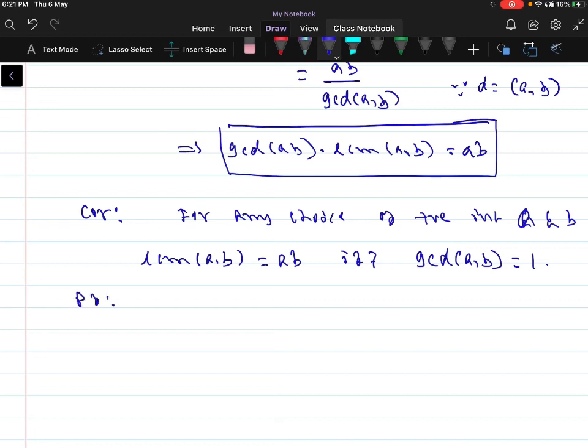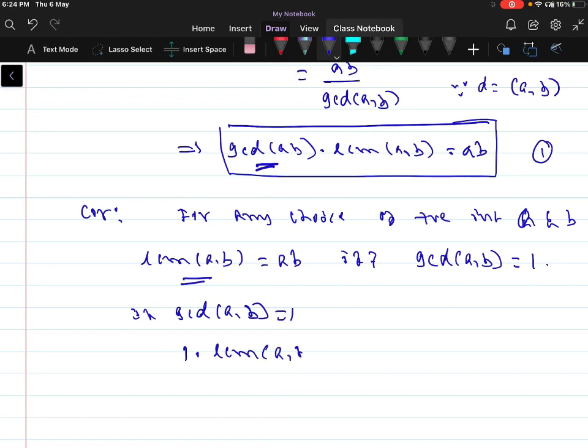The proof is very simple, it just follows from the above theorem. If GCD of A comma B is equal to 1, then from result 1, 1 into LCM of A comma B is equal to the product of the two integers A and B. So this implies LCM of A comma B is equal to A into B.